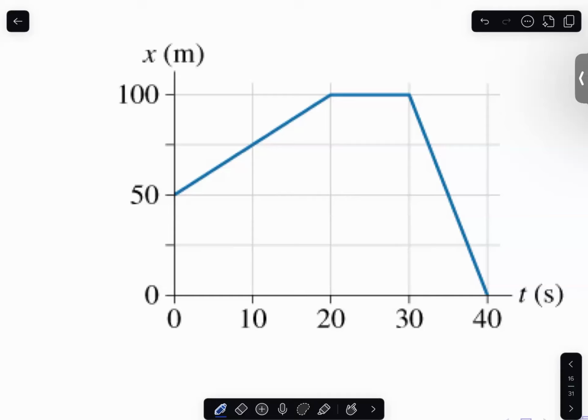Rise over run. Is this line rising? He flat, man. He flat. Interpret this graph. At time t equals 20 seconds, where am I? 100. Say this is position 100. At time t equals 21 seconds, where am I? Read the graph. 100. Time t equals 23 seconds, where am I?